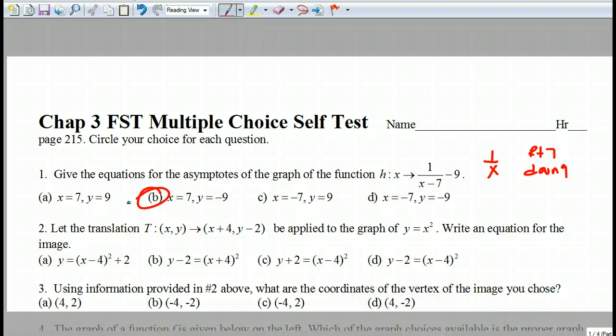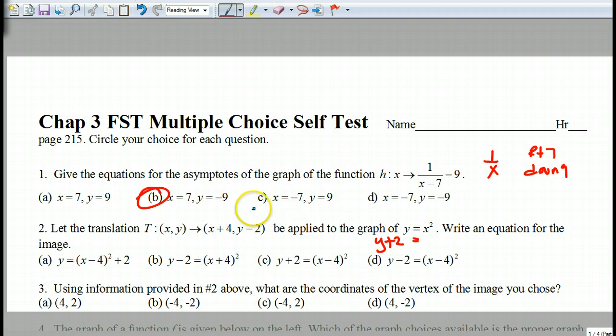Number 2 says, let the translation be x plus 4, y minus 7 to be applied to the quadratic equation. Write the equation for the image. Okay? So, first of all, we're going to take this y equals x squared, and it's being minus 2, so we're going to do the opposite of that, so it should be y plus 2 over here.